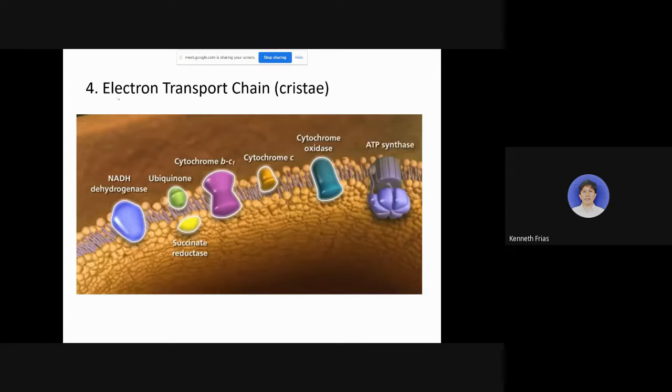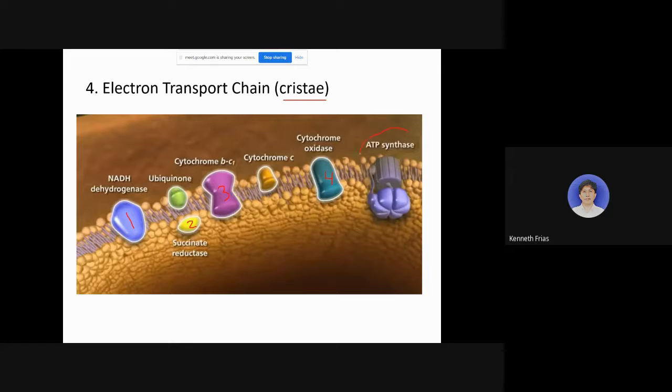These are the structures that will participate in the process called electron transport chain, which happens in the cristae. They have their names: NADH dehydrogenase, ubiquinone, cytochrome BC1, etc. But you can simply name them protein complex 1, protein complex 2, protein complex 3 and 4.